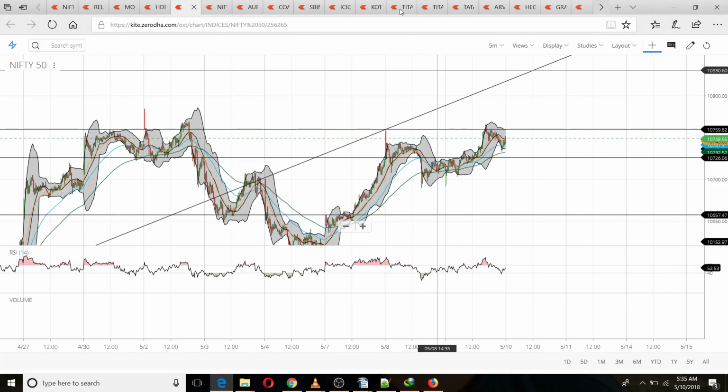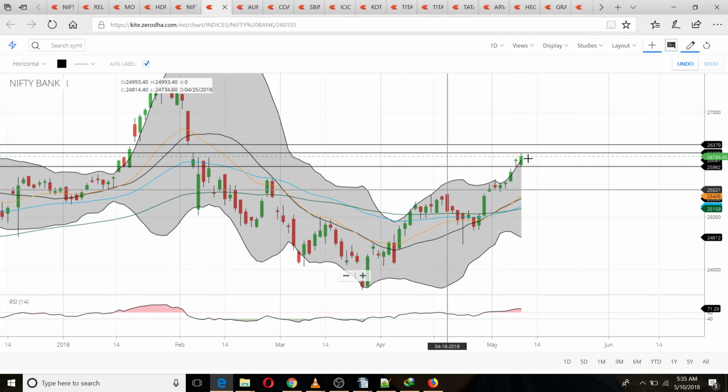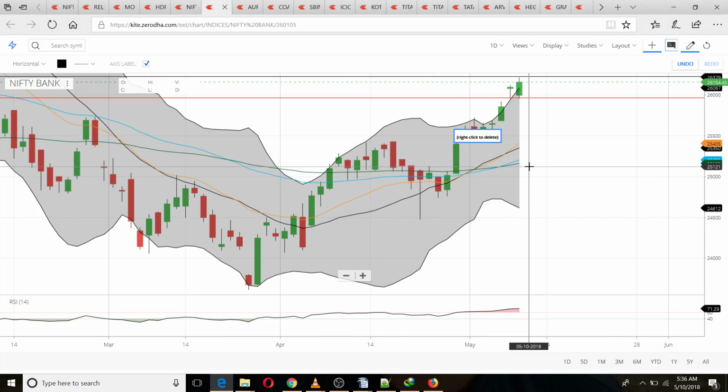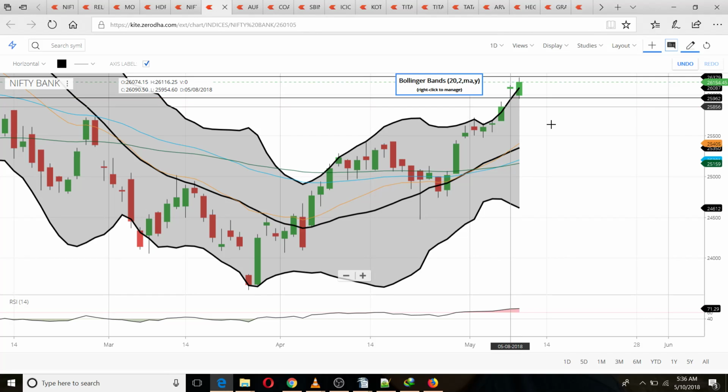Now if you go to Bank Nifty, Bank Nifty has reached a place. If you see the top of yesterday's candle, the top of the wick, this shadow and this shadow, this is an exact match, and we see after that we have this gap. Now here if you see the low of the candles, what happened yesterday, this low, and a day before that, this also matches.